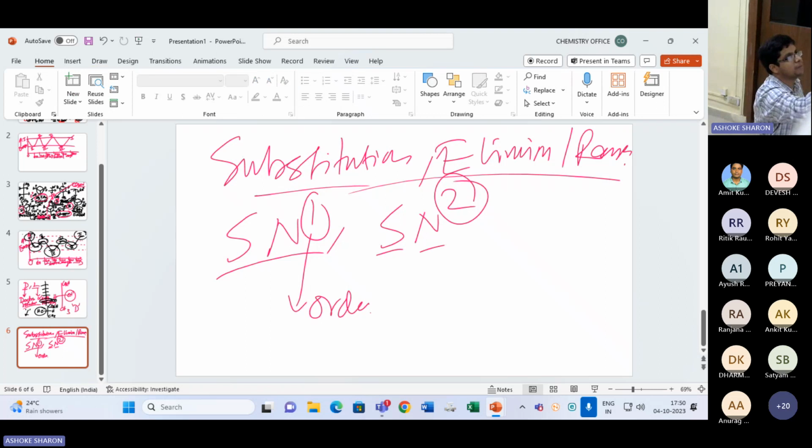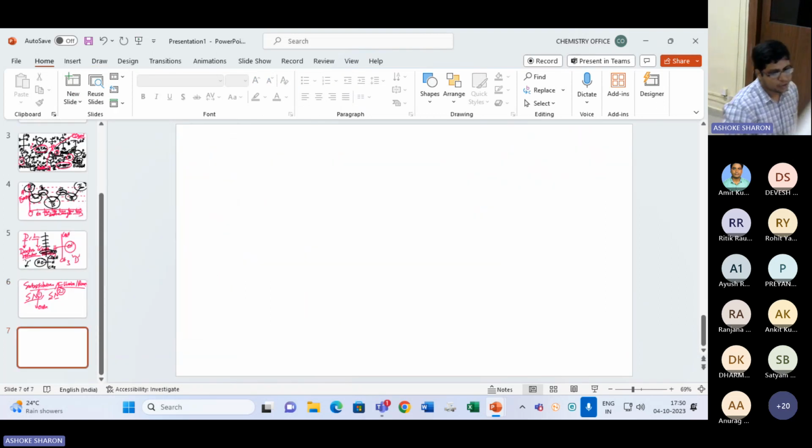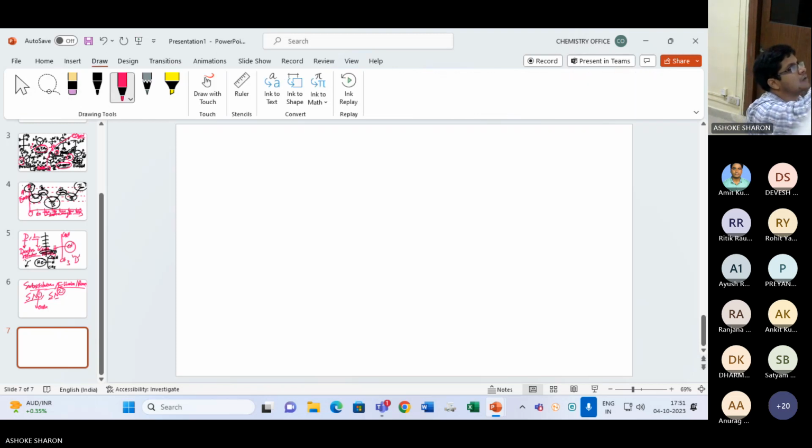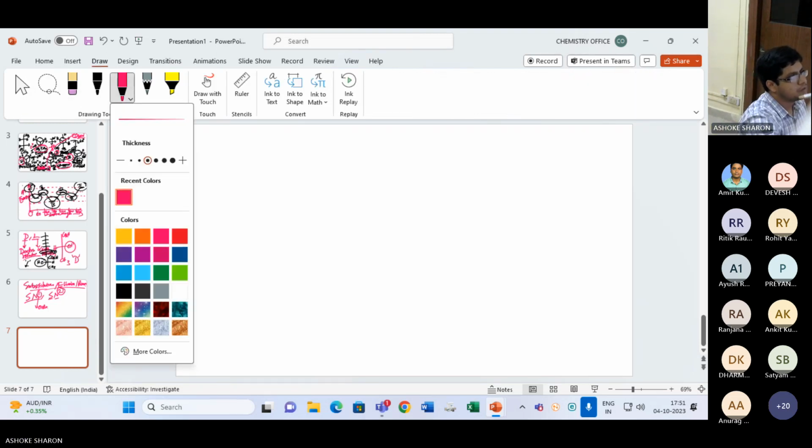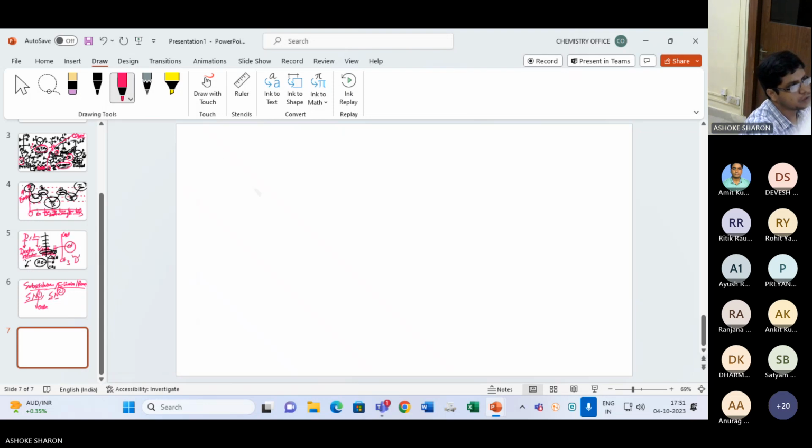In an SN1 reaction, if you consider any kind of SN1 reaction, it passes through a carbocation pathway. Let's consider an example, because here you need a lot of stereochemistry. That's why I have started it in the last part of this section. I'm drawing the flying wedge formula.